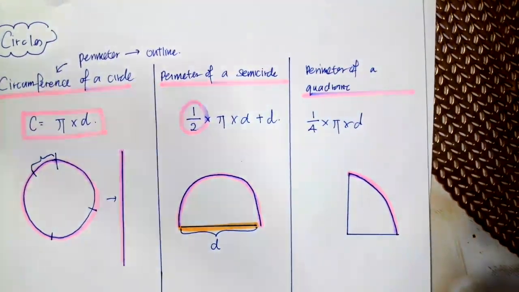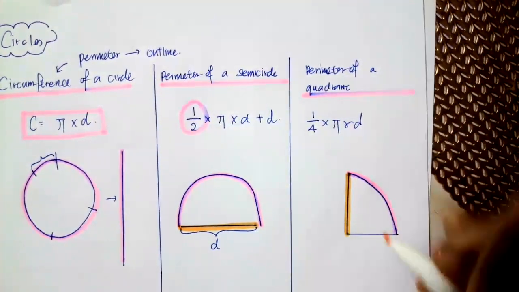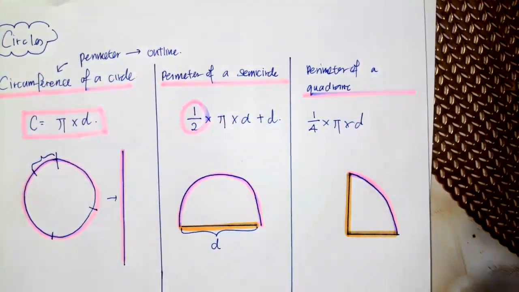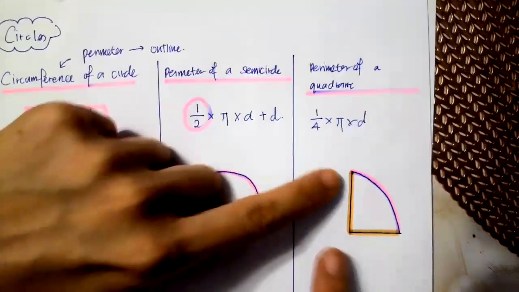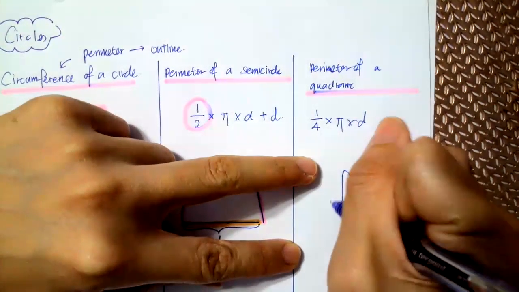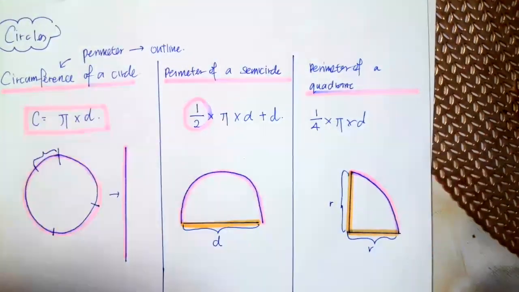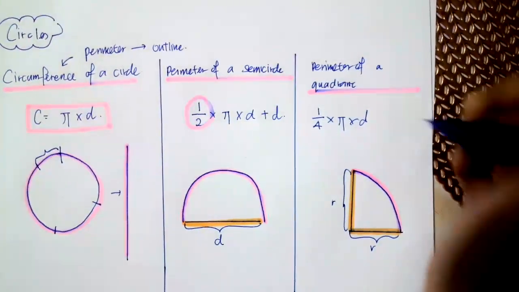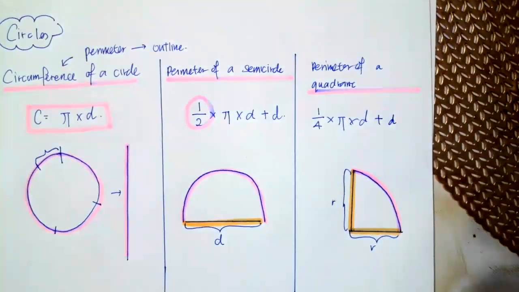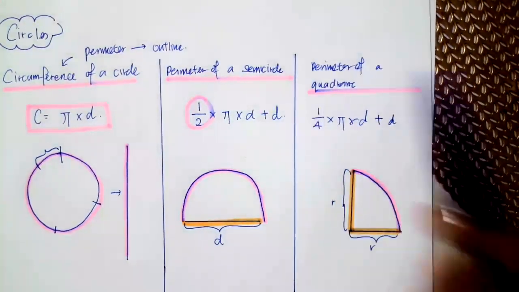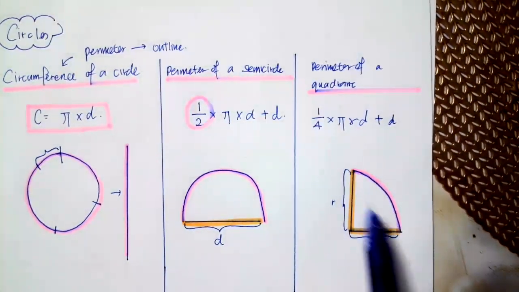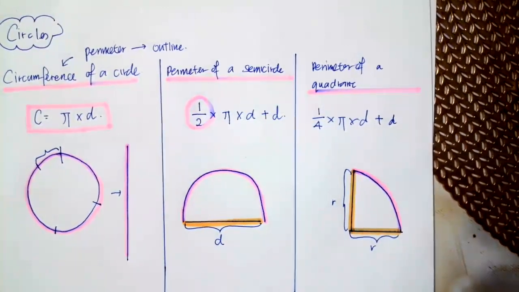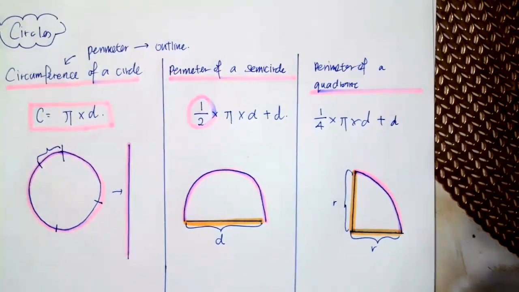But don't forget that these two lines here are also part of the outline, the perimeter of a quadrant. These two orange lines are the radius. So 2 radius give me 1 diameter. So I'll just add in the diameter as well. So the perimeter of a quadrant is 1/4 pi d plus your diameter. Okay, don't forget that, yeah?